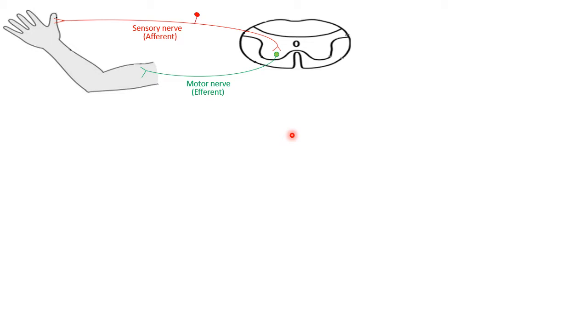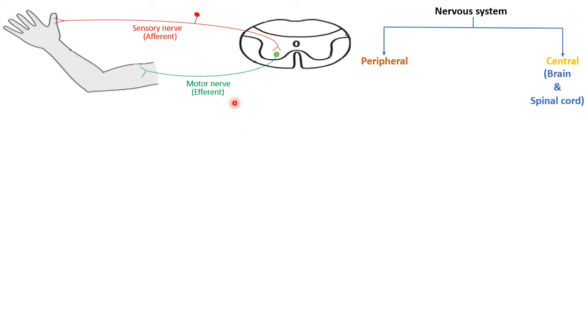We can divide the nervous system into the central part, or central nervous system or CNS, which is the nerves in the brain and the spinal cord, and the peripheral part of the nervous system. We can divide this peripheral part into a sensory part and a motor part.